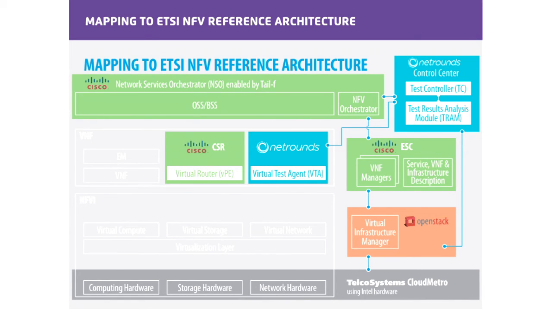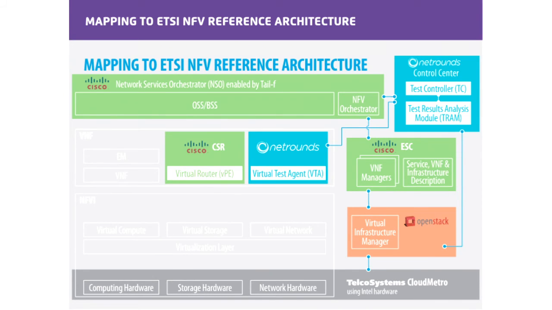And in this PoC, these two components are provided by NetRounds, where Cisco brings their NSO, the Network Service Orchestrator, acting both as the OSS and the NFV orchestrator. Cisco also brings the ESC, the Elastic Services Controller, and the virtual PE router. And at the bottom, Telco Systems, as I mentioned before, bring the compute CPE running on top of Intel hardware.